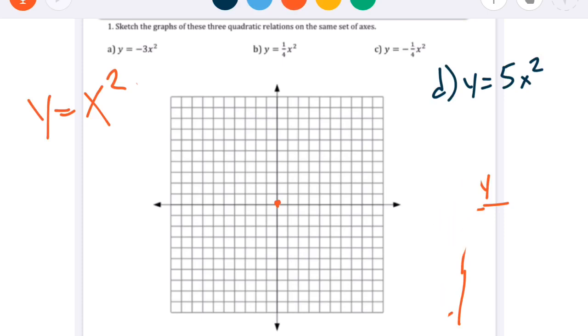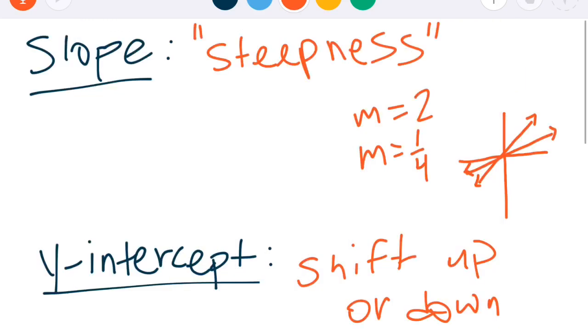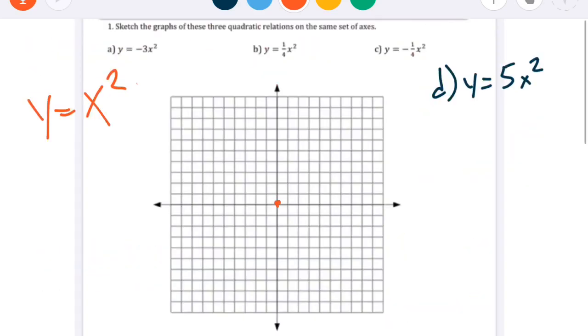Just for the sake of the length of this video, I'm going to just graph these roughly just so you can see. The main point of this video is to see, like I mentioned, the steepness and also how it shifts. So my graphs don't have to be exactly perfect, but I'll try to make them as close as I can.